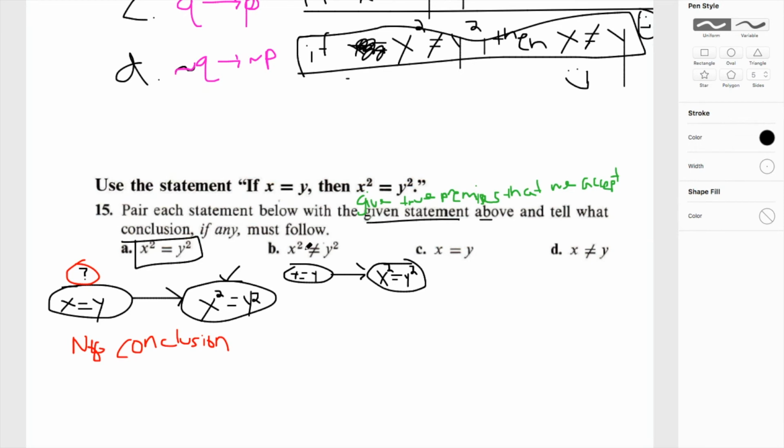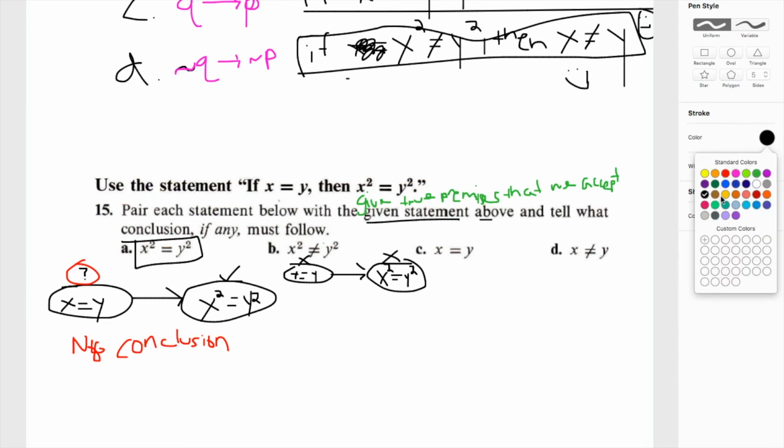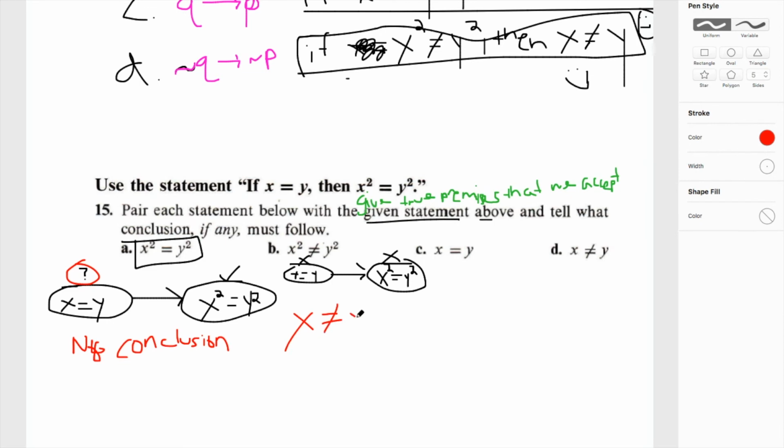Any conclusion we can make, okay? So this here was sufficient to establish this being true, but this is not true, right? If your conclusion is not true, we know that this didn't happen either, right? If x squared doesn't equal y squared, then x doesn't equal y.